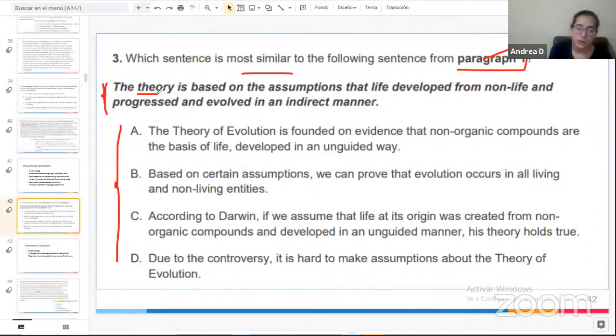So, do you guys agree with that option? C? Is it C? Yes, for me too. Okay, you sure, everyone? Anyone going to go for another one?